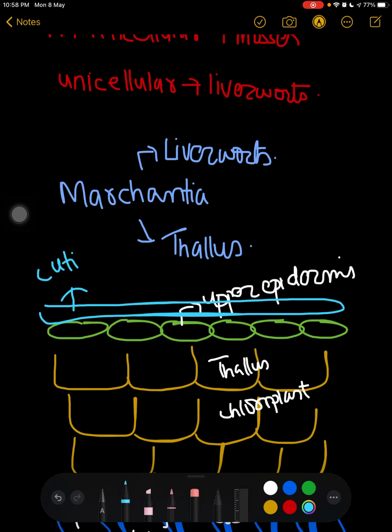The cuticle is a waxy substance which basically prevents transpiration, right? These are the waxy cuticle on the surface of the epidermal cells to conserve the water, right?